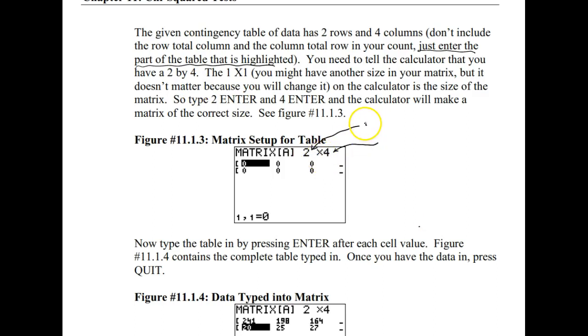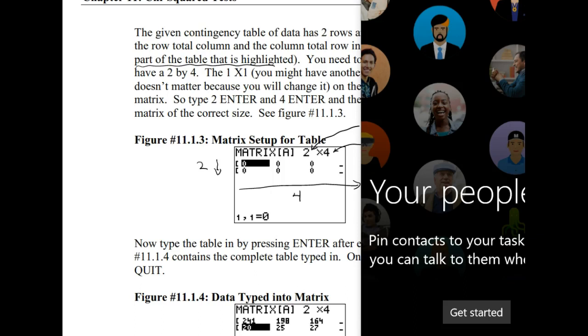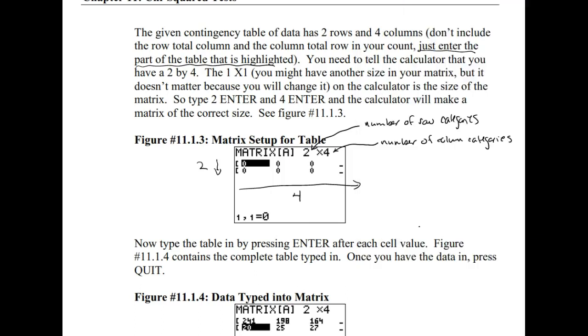This is the number of row categories and this is the number of column categories. So once we enter a 2 here and hit enter, and then a 4 here and hit enter, then it will open up a matrix that is 2 by 4. Okay, so down and across for those dimensions.